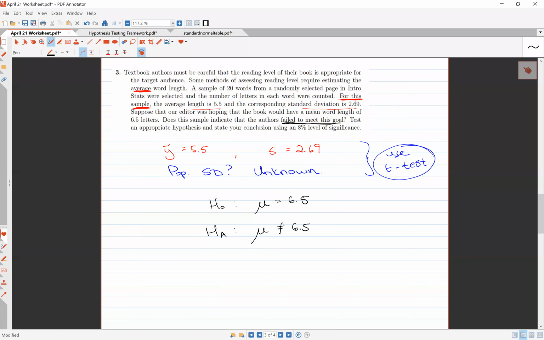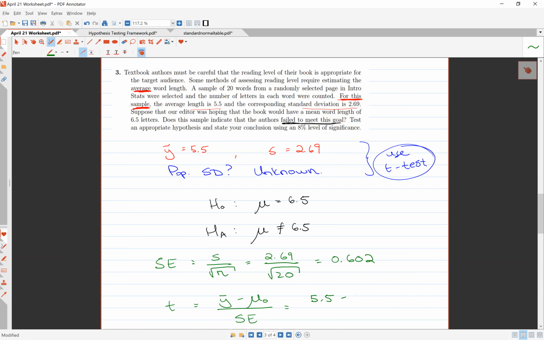Now, we have to calculate a t-test. For the t-test, we need standard error, and standard error is s over square root of n. So in this case, 2.69 over square root of 20 words. And so our standard error is 0.602. Now we can calculate our t-score, y bar minus mu naught over SE.